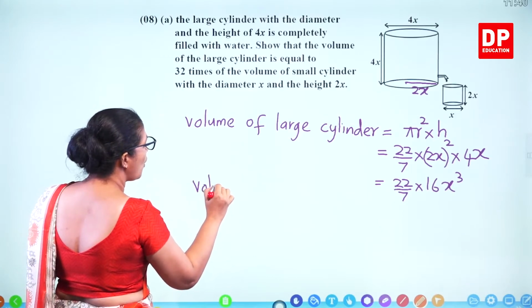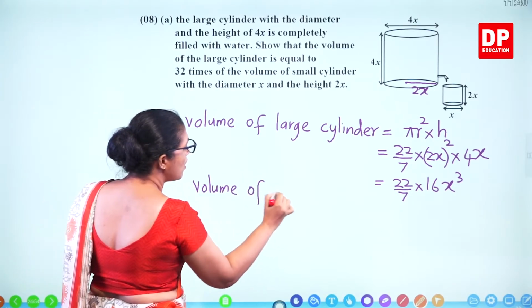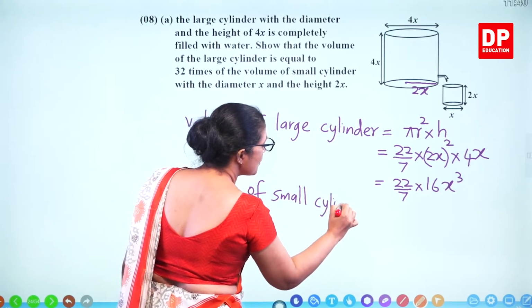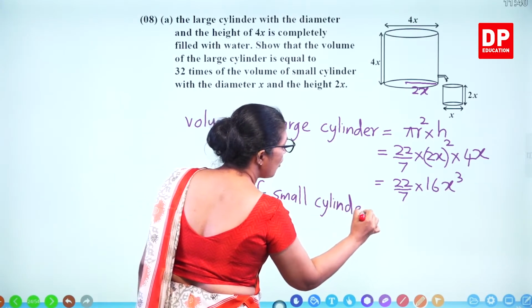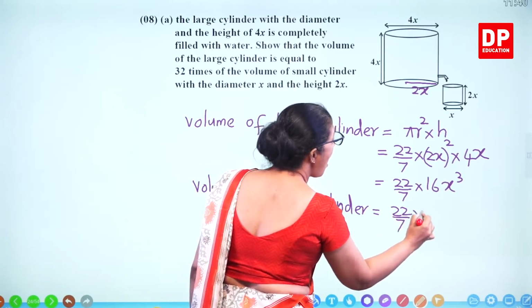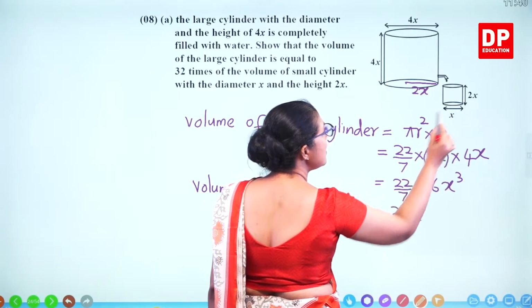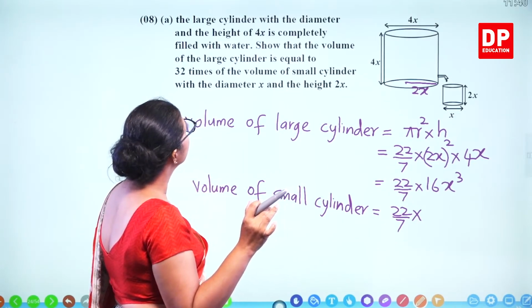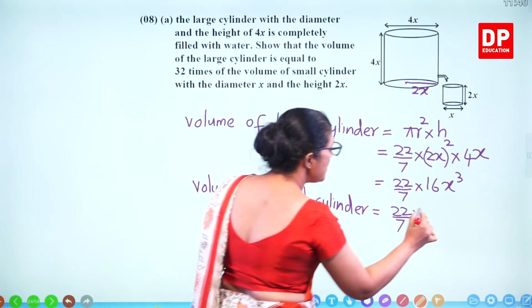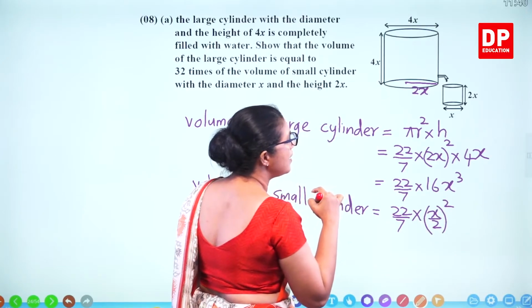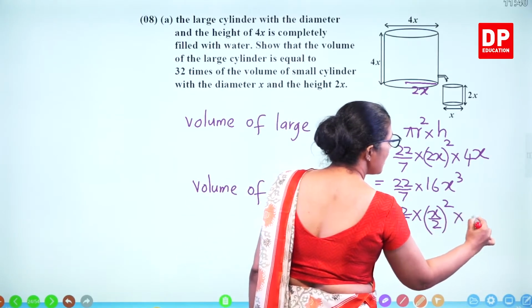Now find out the volume of the small cylinder. So what's the small cylinder volume? Same formula, pi r squared h. r is here x over 2, because x is the diameter. X is the diameter means x over 2 is the radius. That squared into h. h is 2x.